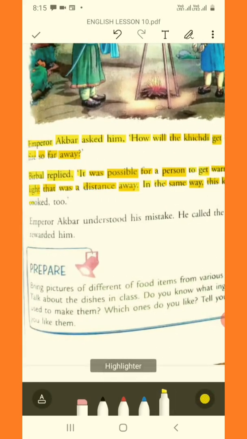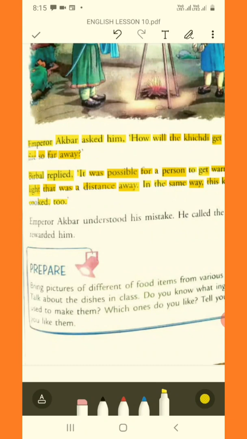So he was trying to give a message. He said, if that person who was in the pond could get warmth from a light far away, why would my khichdi not get cooked? So he was trying to give the emperor the message that the way he treated the poor man was wrong, and the poor man did not get any warmth from that light. It was not possible because it was far.